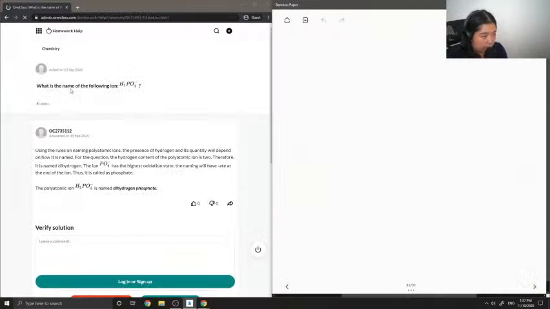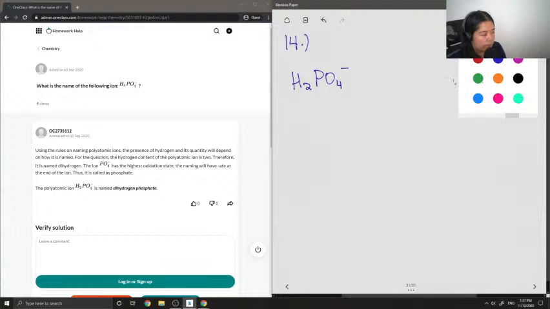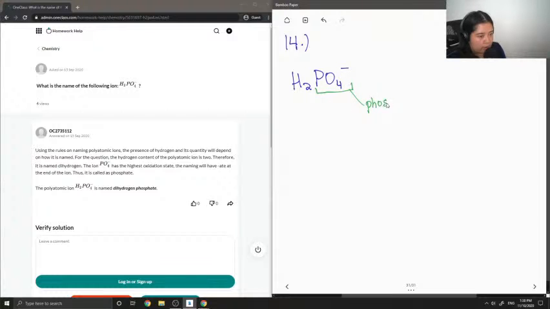Okay, so now let's move on to question number 14. What is the name of the following ion, H2PO4-? So this is an example of a polyatomic ion. So PO4- is the phosphate ion.